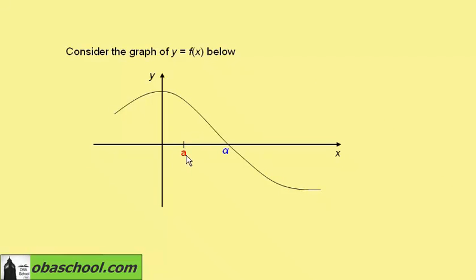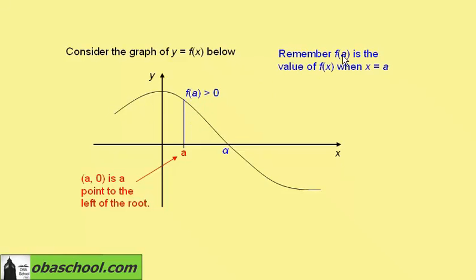Let's look at this point A. A is a point to the left of the root. f of a is greater than 0. Remember, f of a is the value of f of x when x equals a. So this is the point with coordinates a, f of a.